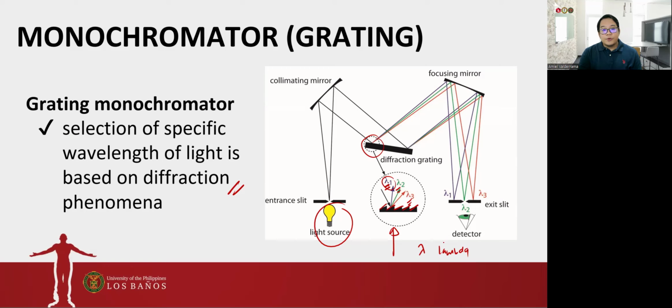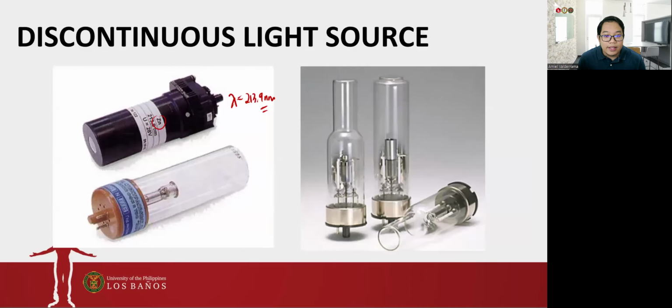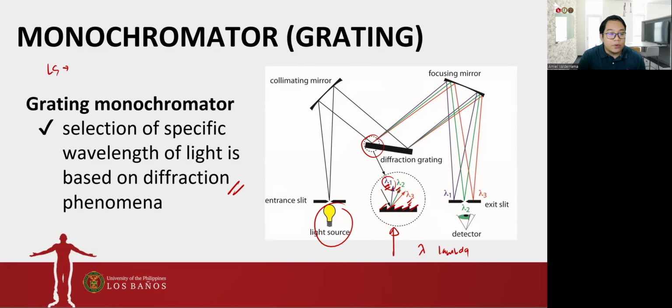Alright? So, from our major components, we have the light source, followed by the monochromator. Then, yung monochromator natin, kapag polydisperse na yung light natin, meaning to say, from light source na white light, magkakaroon tayo ng different wavelengths of light.